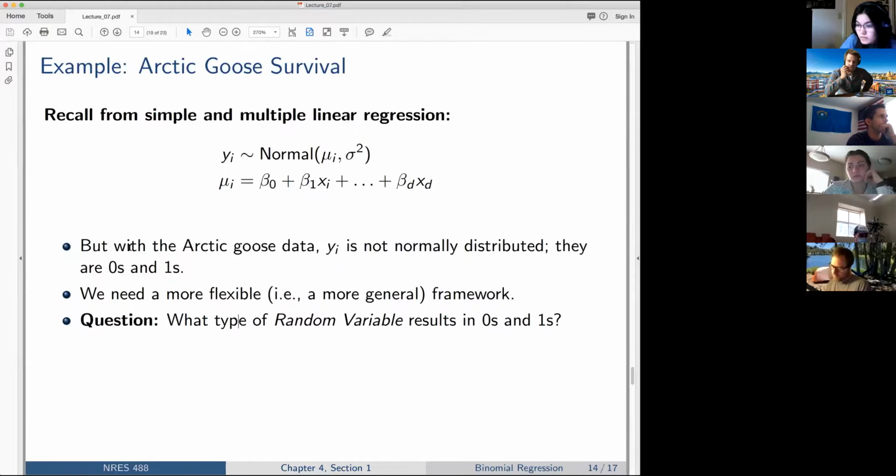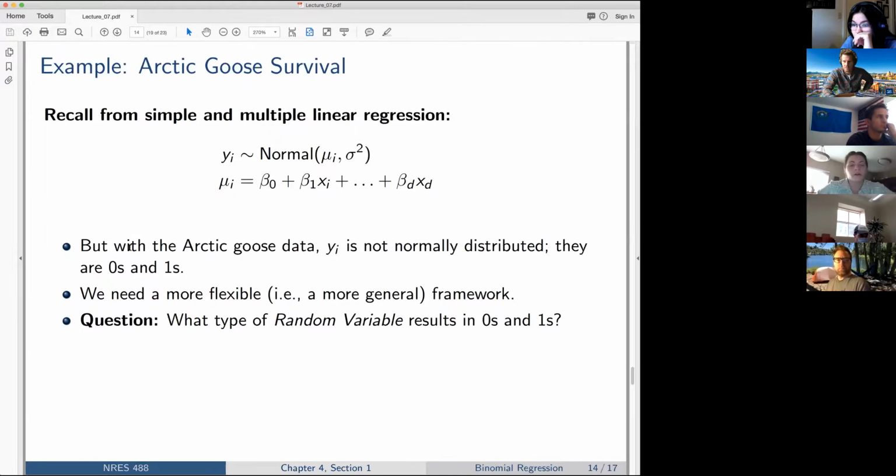So let me state the differences here, because this is an important distinction. A Bernoulli random variable is like a coin flip, one coin flip. It's either going to be heads or tails. You could say a 1 is heads and a 0 is tails. And that is a specific case of a binomial random variable.